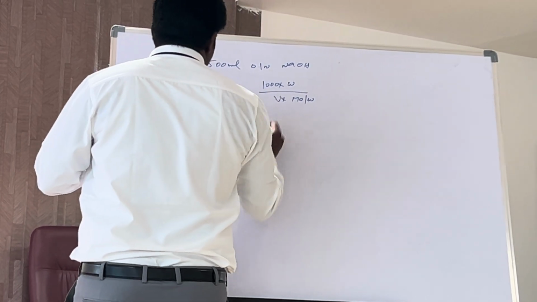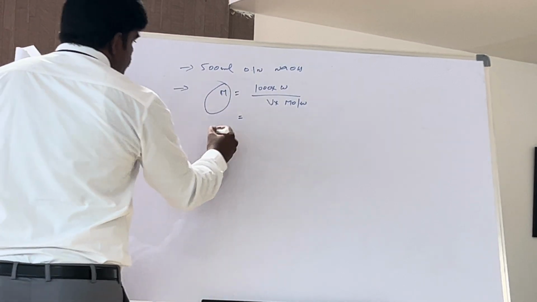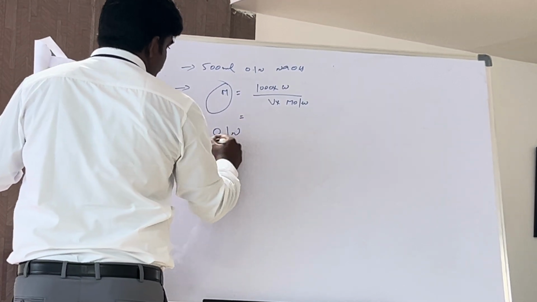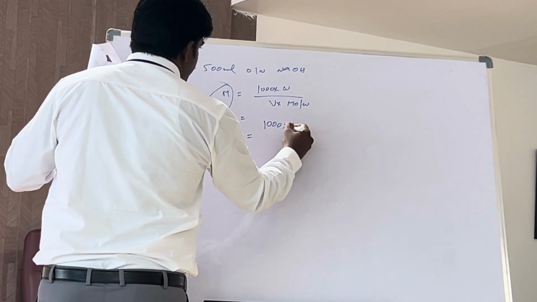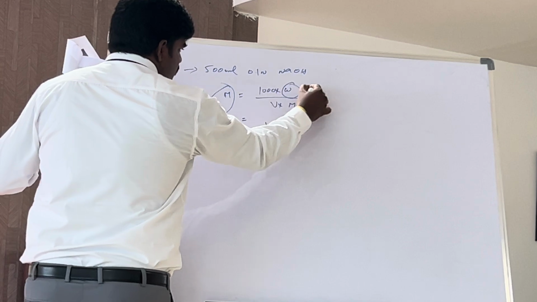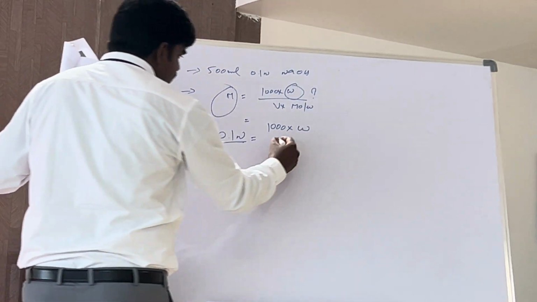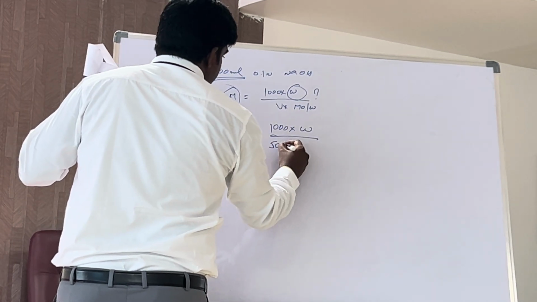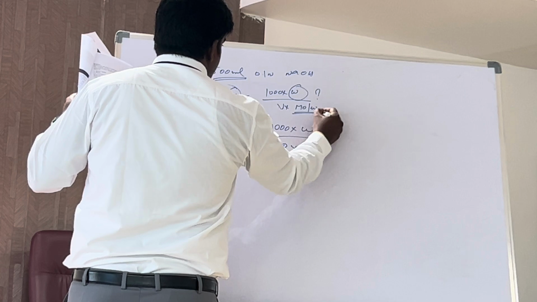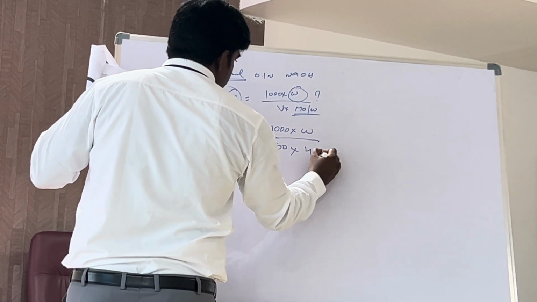Molarity is 0.1, then 1000 times the weight required, divided by the volume, 500 ml, times the molecular weight of NaOH, which is 40.